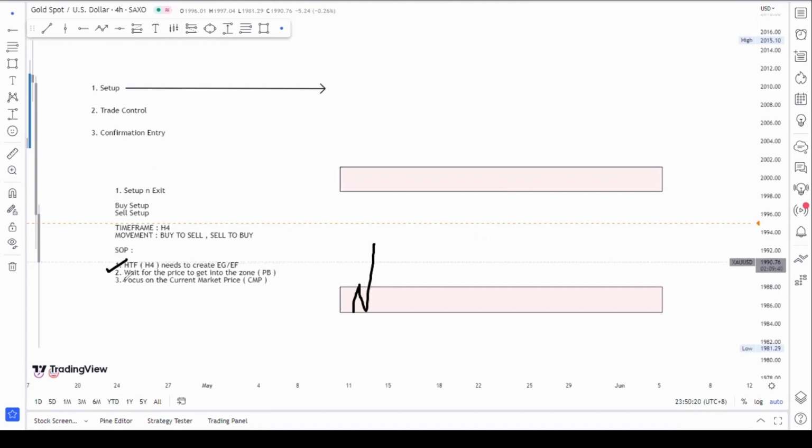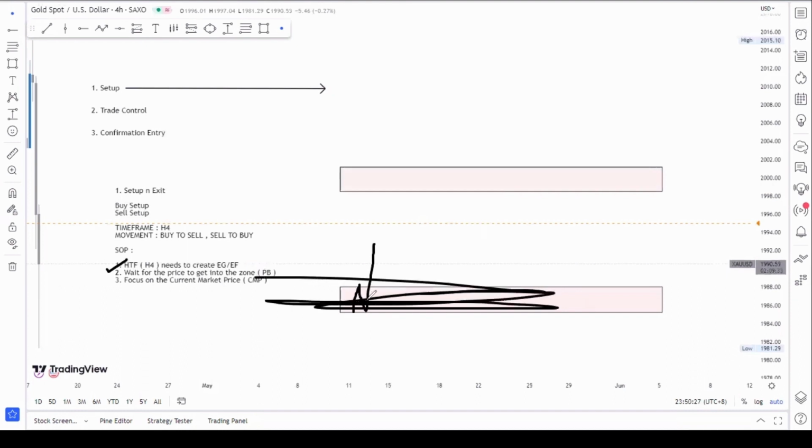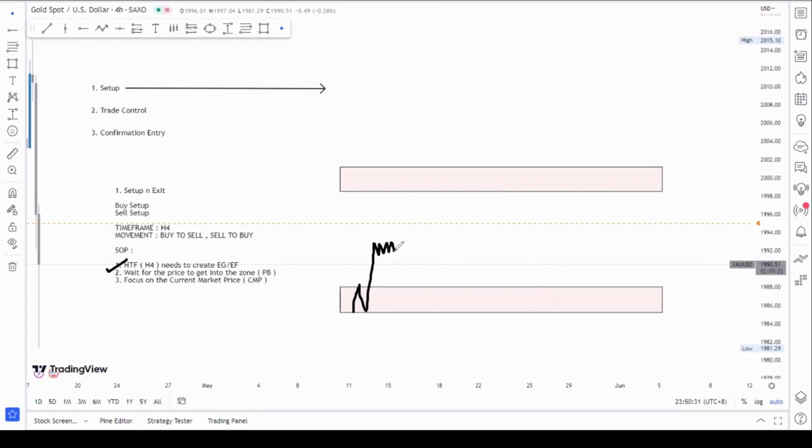The second one, we need to wait for the price to get into the zone. This is our zone. It can go into the zone like this, sideways, or just like this, but the SOP says we need to wait for the price to get into the 4-hour zone.